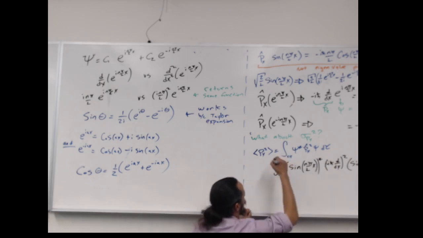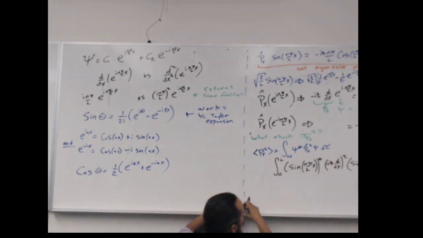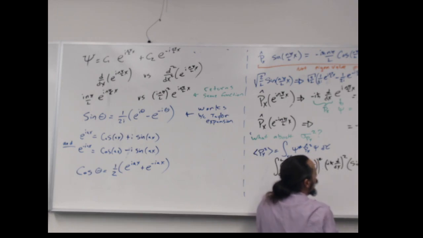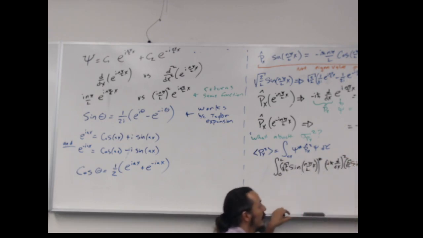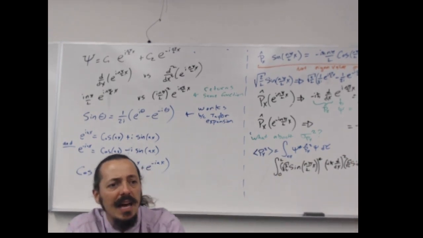And how do I want to do this? I'm going to do something a little bit weird. I'm going to leave my root 2 over L's inside here. Normally I collect them and bring them all the way out. It's fine if you want to do that.